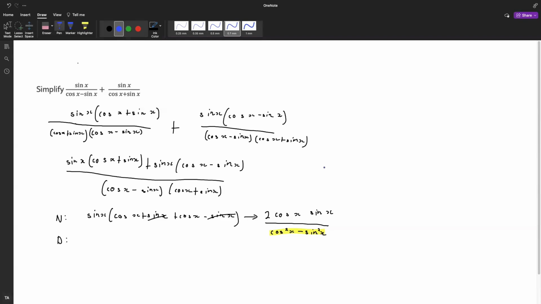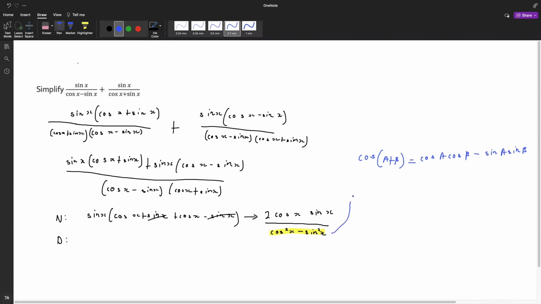But if you remember this identity, it's cos A plus B is equal to cos A cos B minus sine A sine B. Now you may be thinking, okay, how does this relate to this expression that we have here?